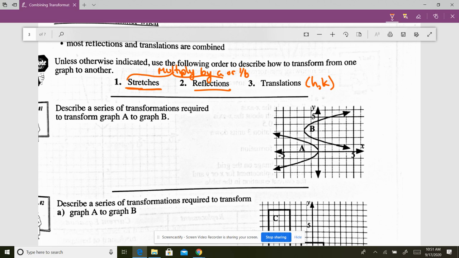Okay, now we're going to look at graphs and you tell me what we did. So we're going from A to B. Tell me the order and what we have done. Looking at these graphs, how am I going to get this A graph to face that way? Right now it's facing that way. How do I get it to face that way?